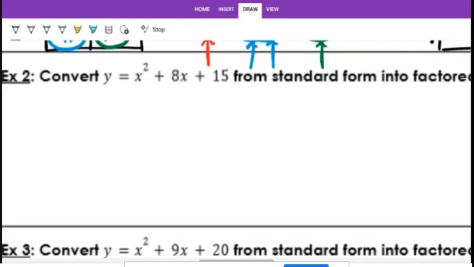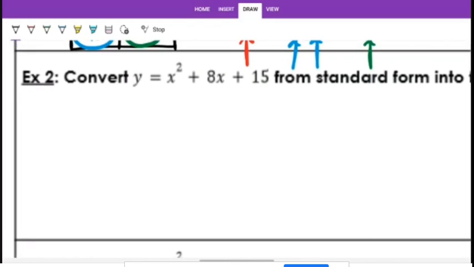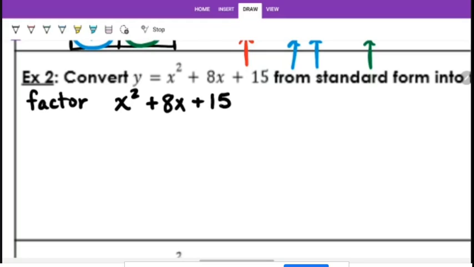Example 2, we start off with x squared plus 8x plus 15. Our goal is to convert this into factored form. So we're going to factor x squared plus 8x plus 15. I'm going to start by drawing a generic rectangle and cutting it up so that it's a 2 by 2.